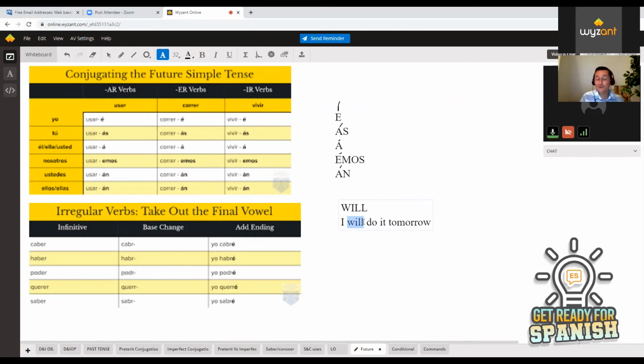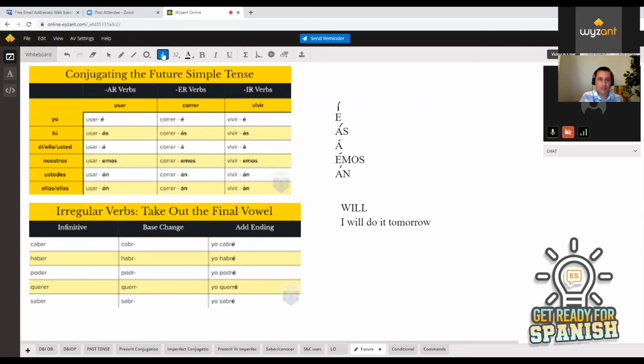We have to add another ending to the verb to create the future tense. Now, in the present, in the preterite, in the imperfect, what we were doing with the verb was to remove the AR, the ER, or the IR and add the new ending. For the future and for the conditional, that doesn't happen. We are going to add the endings to the infinitive.